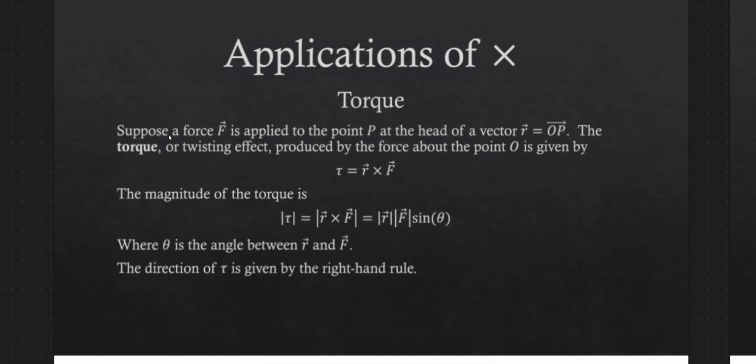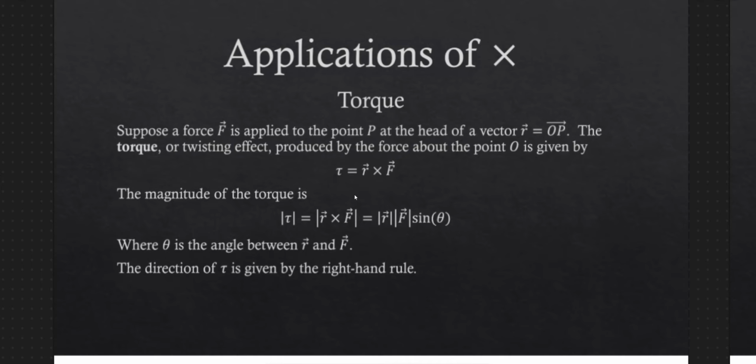You can again imagine a nut, a bolt, and a wrench, that three-body system. So we have forces applied to the point P at the head of a vector r. This r vector is our wrench vector, whose length gives where we're applying the force.